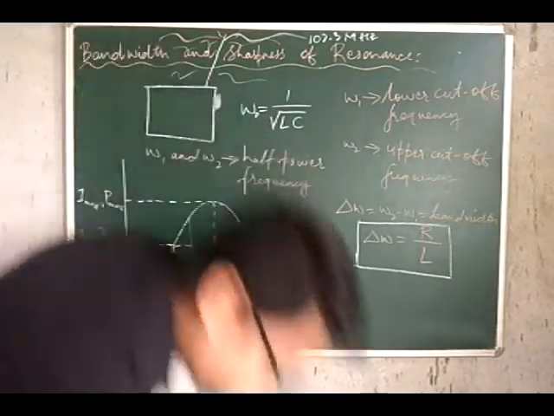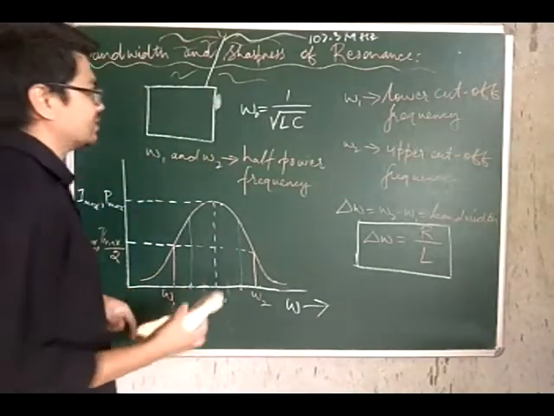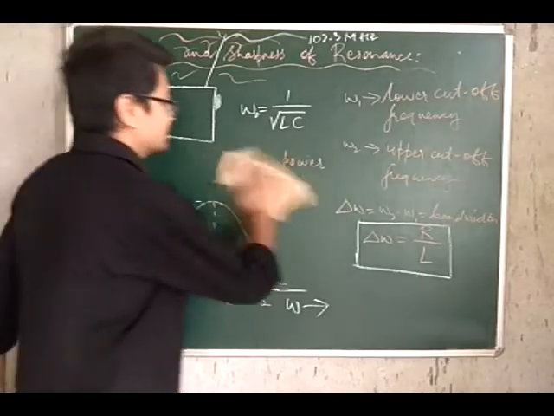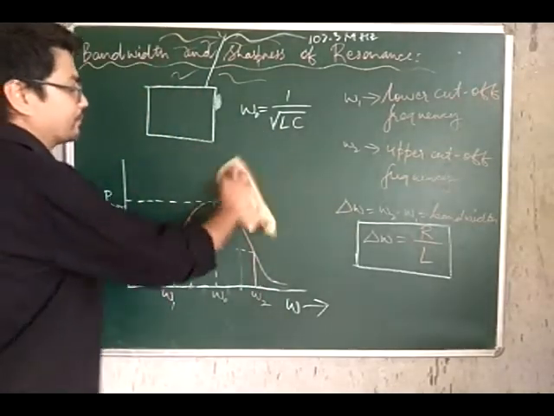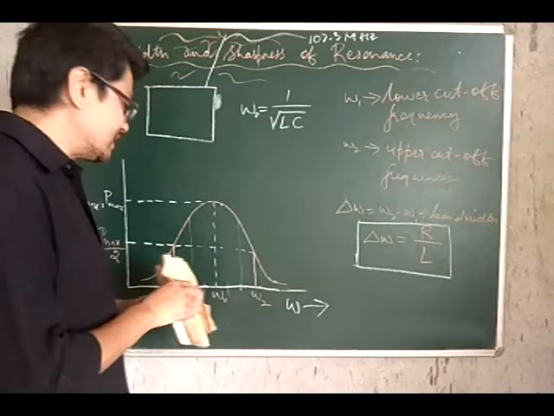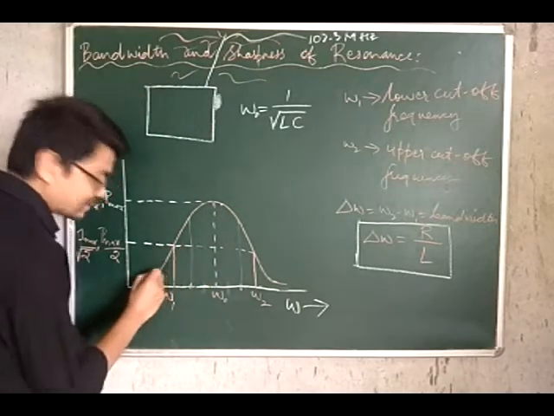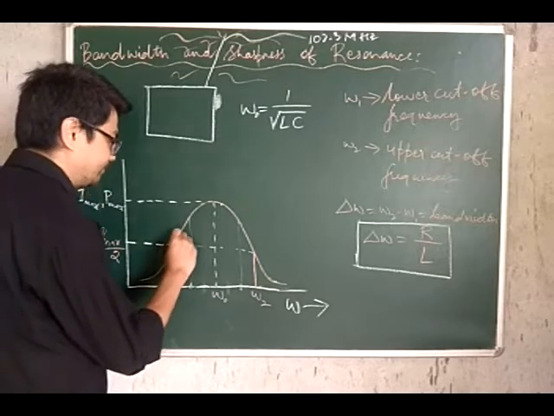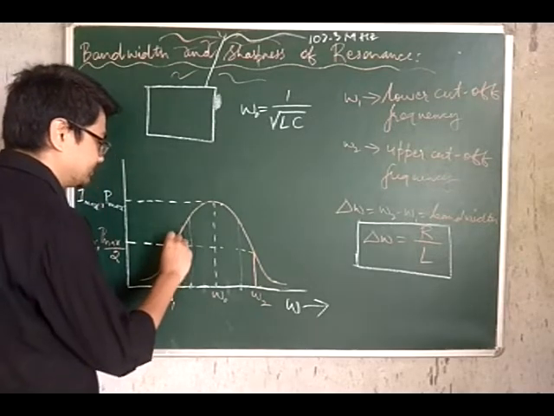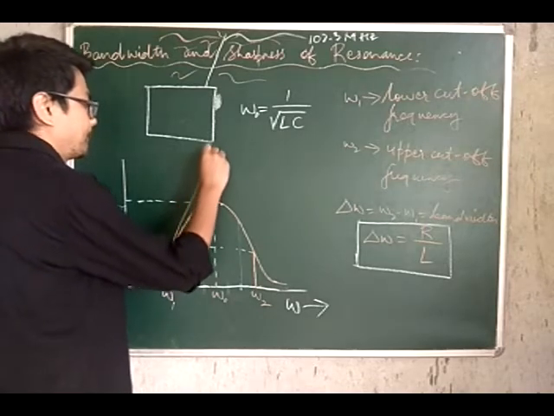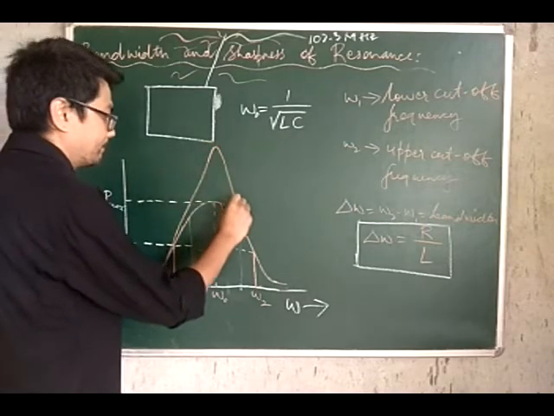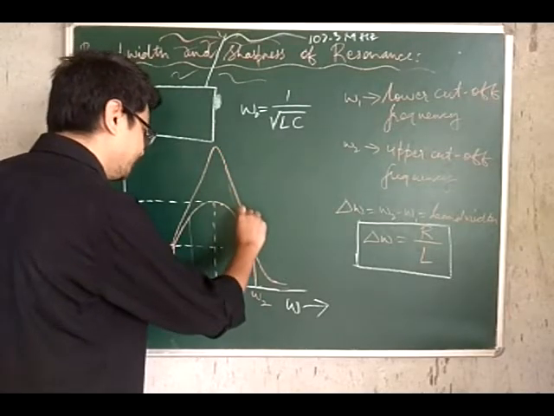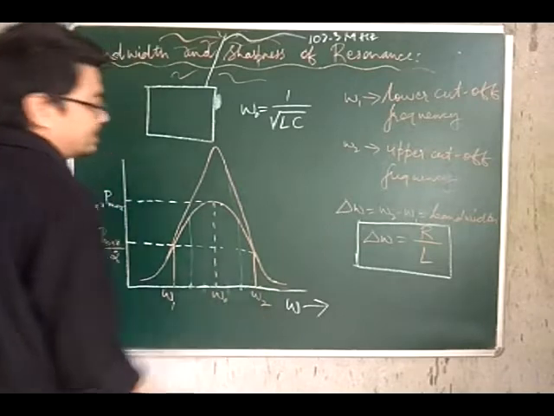Decreasing the value of bandwidth means this curve that we have is made sharper, so to say. So this curve is made sharper by decreasing the value of bandwidth.